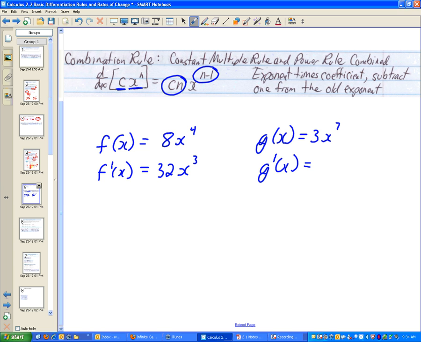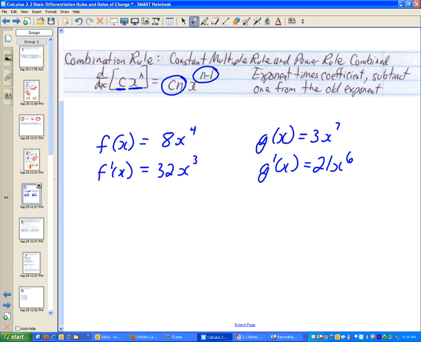What do you get? Okay. You with me? So what's the derivative of a constant? 0. The derivative of a constant is 0. What's the derivative of x? 1.